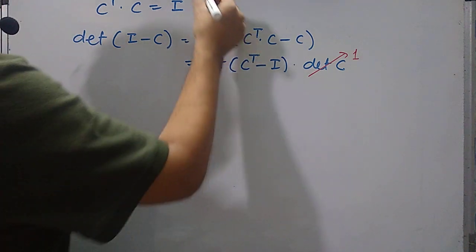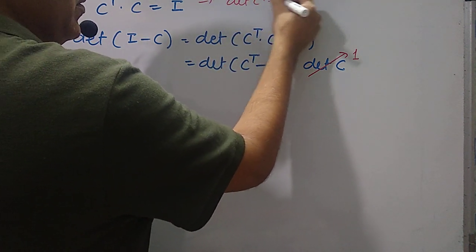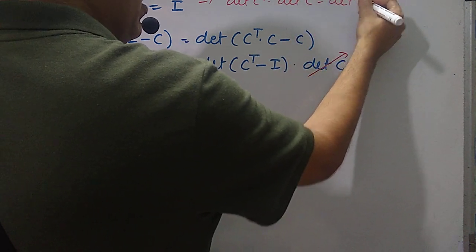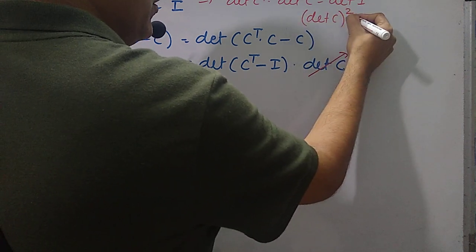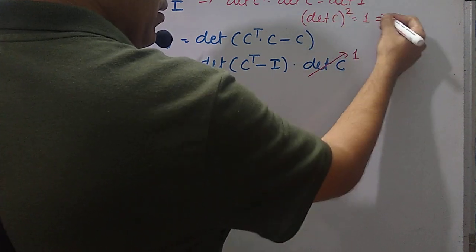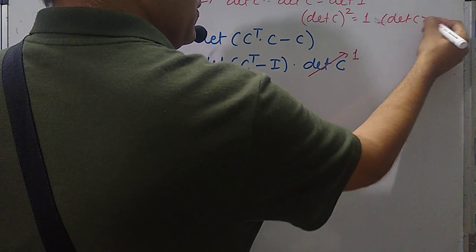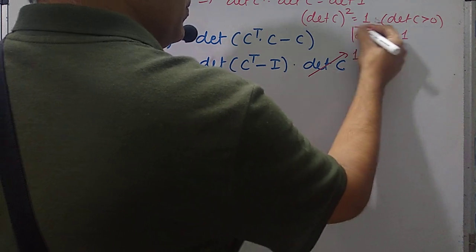Why is it 1? Because determinant of C transpose into determinant of C equals determinant of the identity matrix. So we get determinant of C whole square equal to 1, and determinant of C is given positive, greater than 0. So we get determinant of C is plus 1.